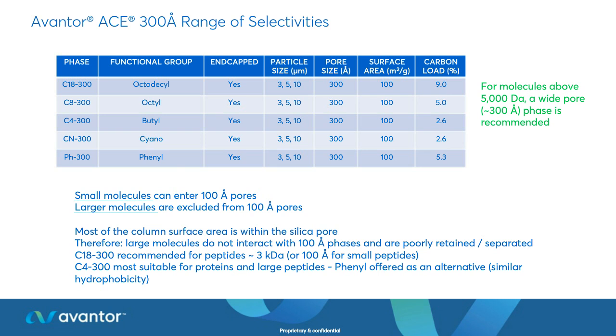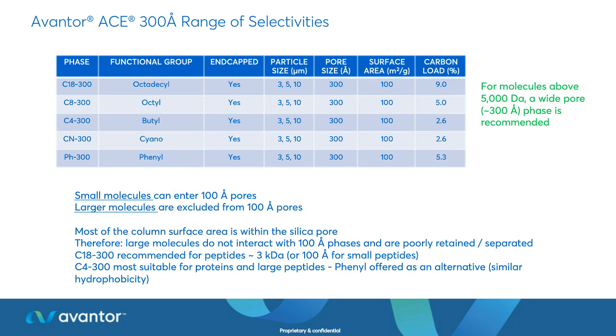So your protein's starting to unfold, more of those hydrophobic residues are interacting with the column, and then it makes it very challenging to get a good peak shape because you've got different types of protein in the same column. So C4-300 for proteins. C18 is really good still for our peptides, and you can use those small 100 angstrom pore size columns for those.